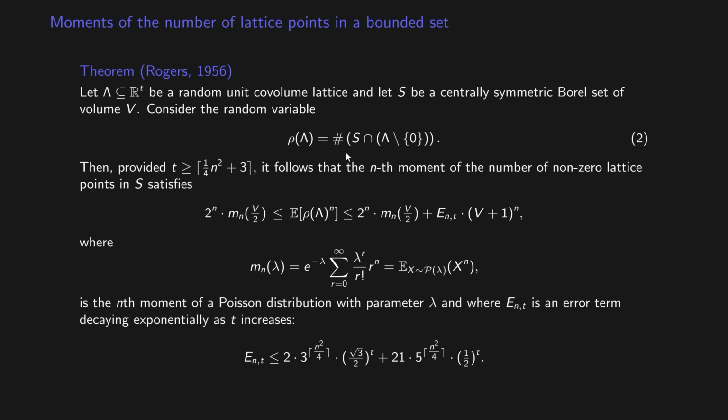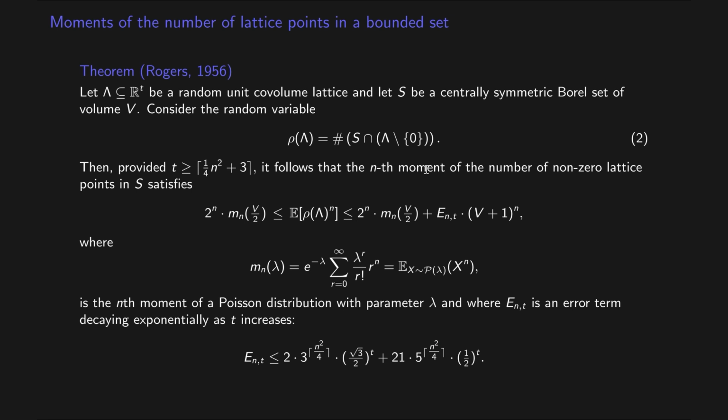If we had a random point process of the same density as our lattices, then this would be the number of points that we expect inside of the body. So random lattices, for this counting problem, are very similar to the Poisson point process.